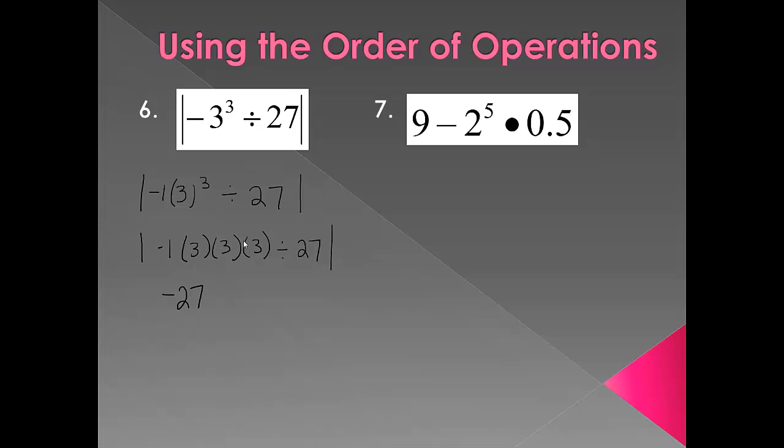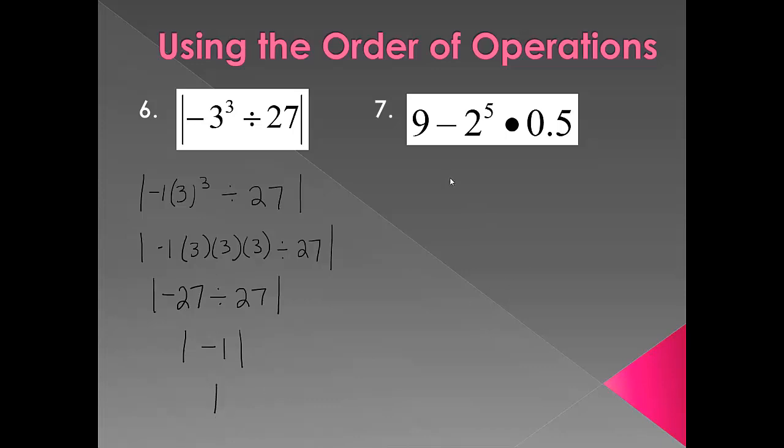And negative 9 times 3 is negative 27. Either way would be fine. The order does not matter once it's all multiplication. So now we have divided by 27. And you have to remember this is also absolute value. So now we're doing the absolute value of negative 27 divided by 27, which would be the absolute value of negative 1, because negative 27 divided by 27 is negative 1, and the absolute value of negative 1 is 1.